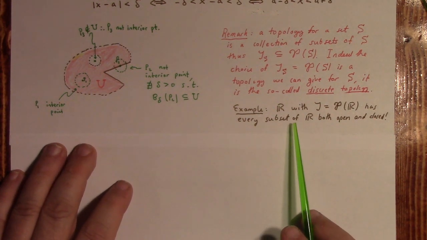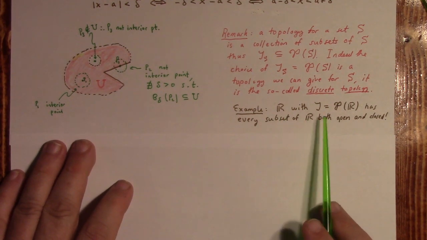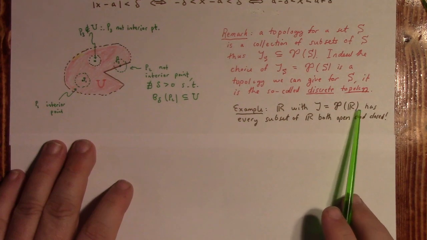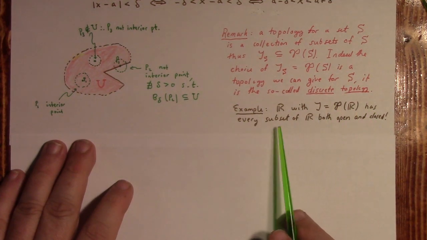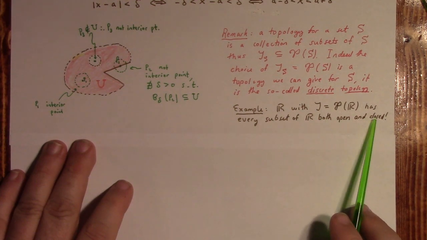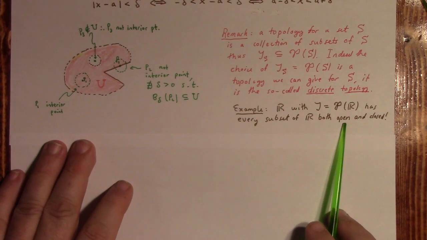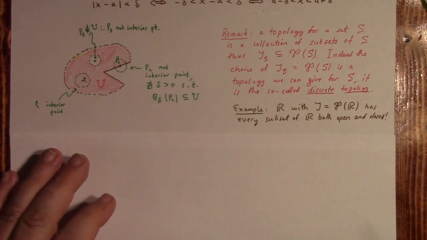So for example, if you take the real line and instead of giving it the standard Euclidean topology, you give it the so-called discrete topology, that makes every subset of R both open and closed. Because if you take a subset of R and you calculate its complement, it's still a subset of R, right? So if that's open, then that makes every subset closed because its complement is open.